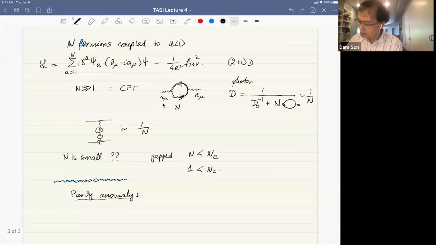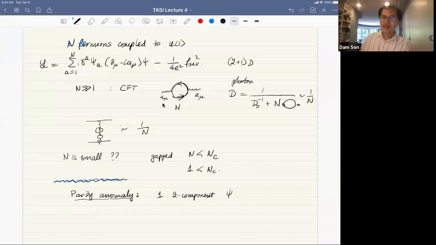Here we know that if we have one two-component spinor psi coupled to A mu, then if we regularize, the theory is not invariant under parity transformation.